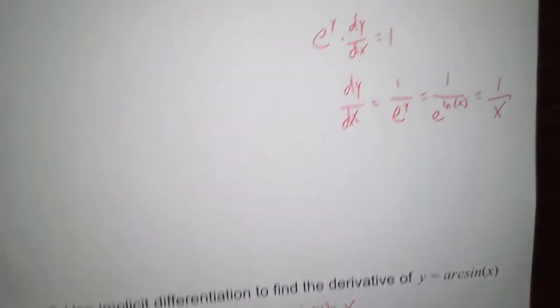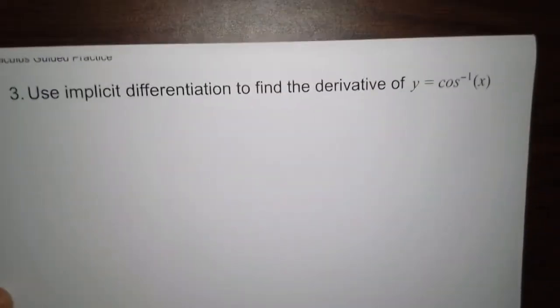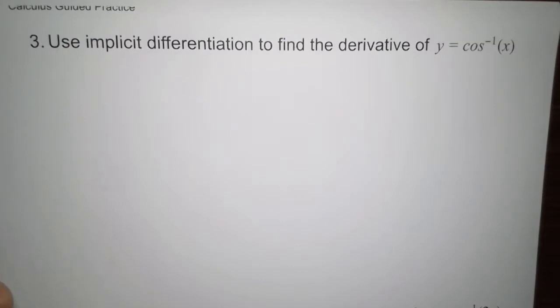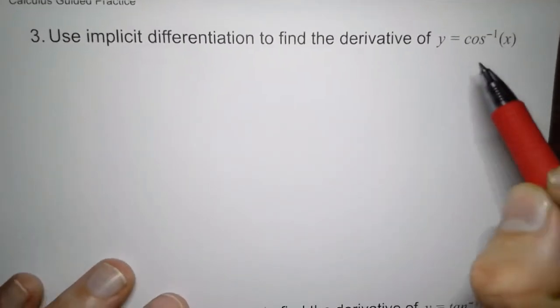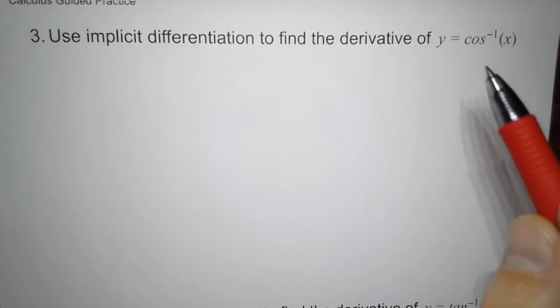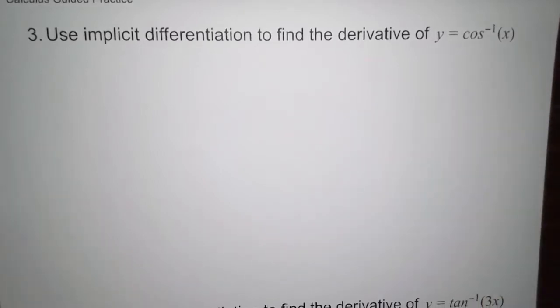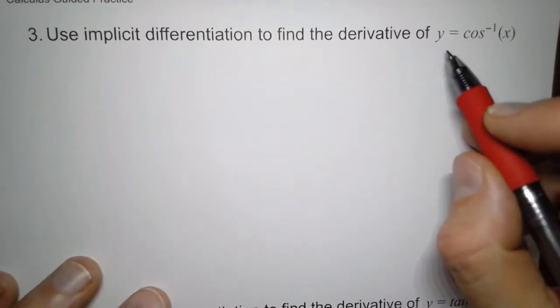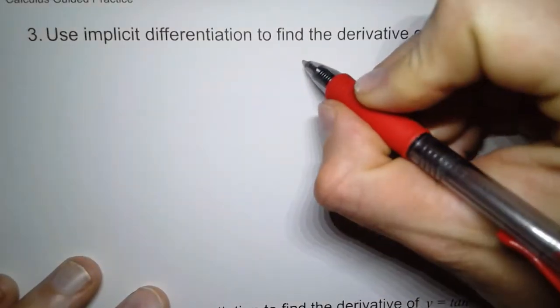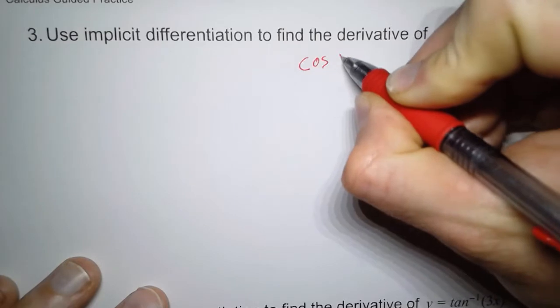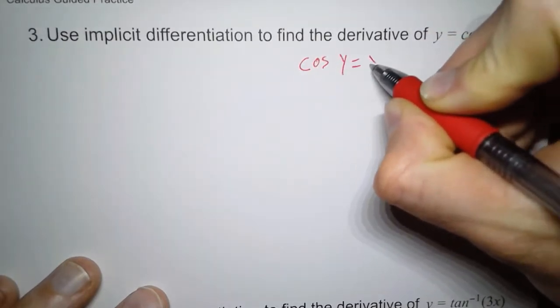Let's try another one that's similar. This one is written in a different format, but it's the same idea. Oftentimes you'll see cosine inverse written this way. Sometimes you'll see it written as arccosine. Same idea. First, we're going to rewrite this as cosine of y equals x.